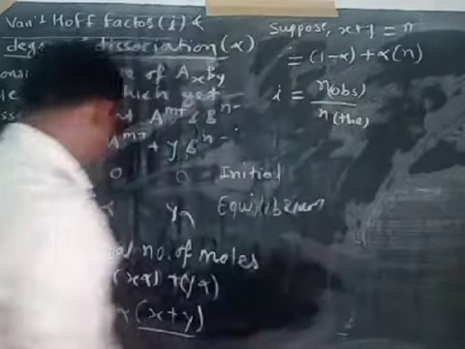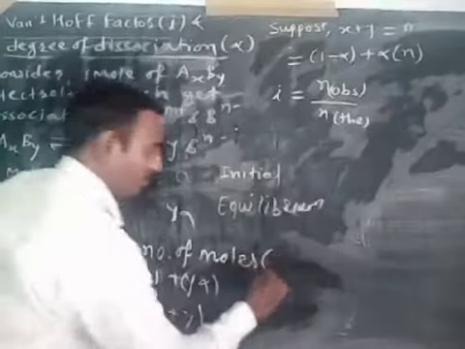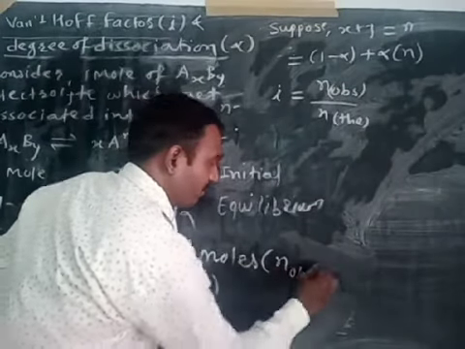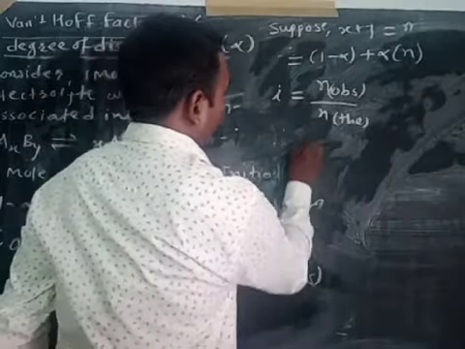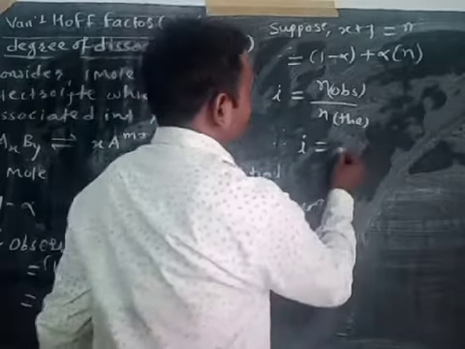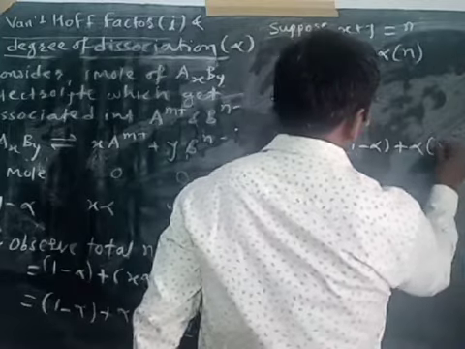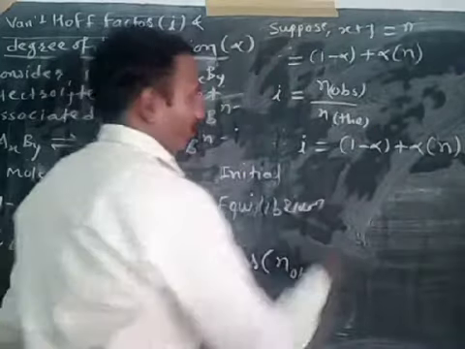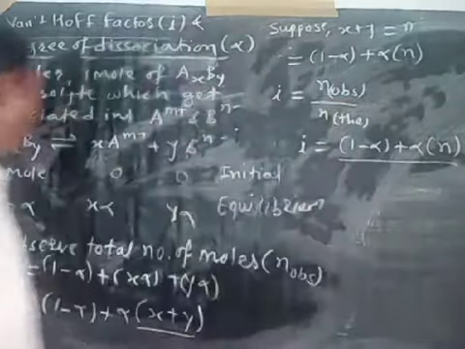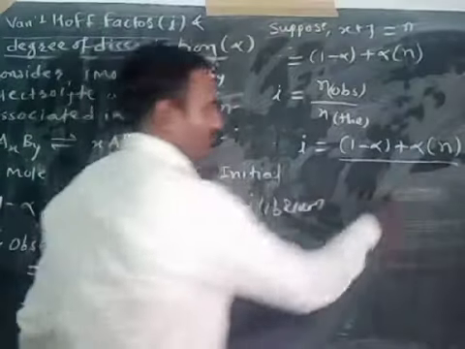Observed number of moles, and that's why i is written as 1 minus alpha plus alpha in bracket n, upon the theoretical value, which will be 1 mole, that's why 1.